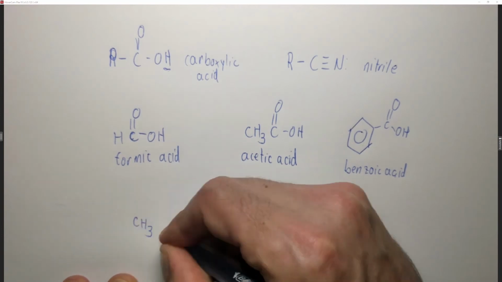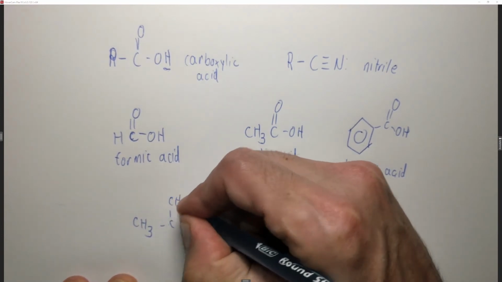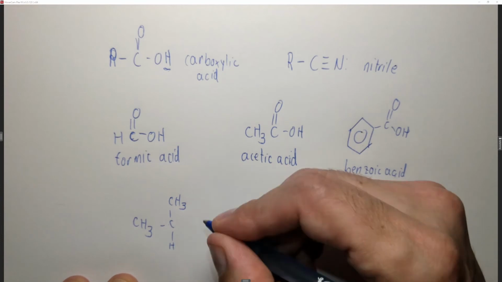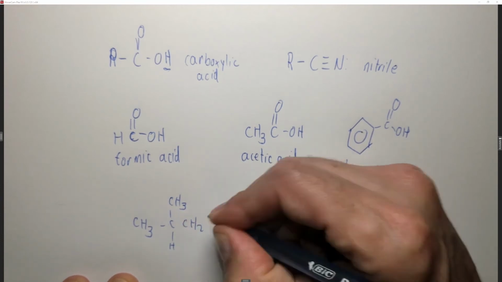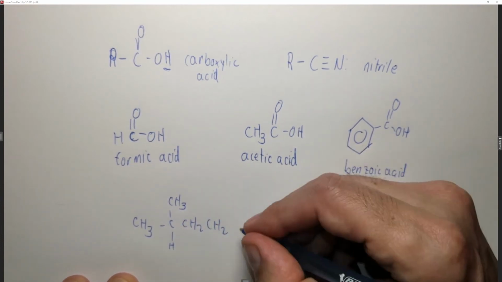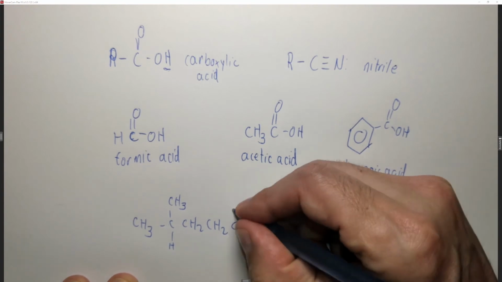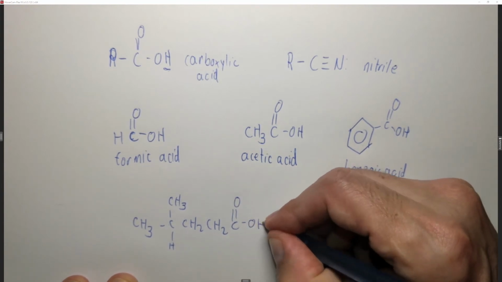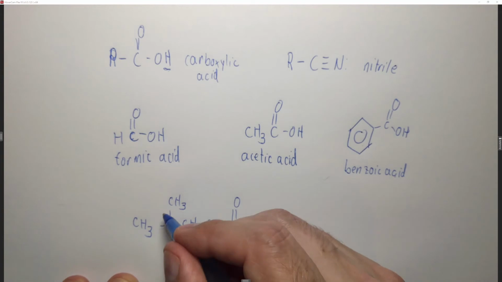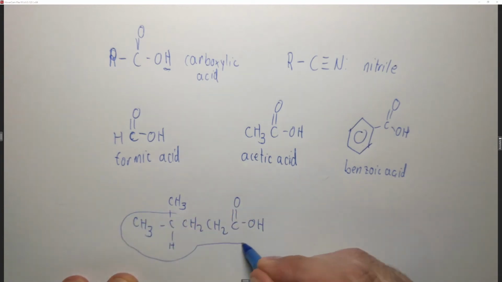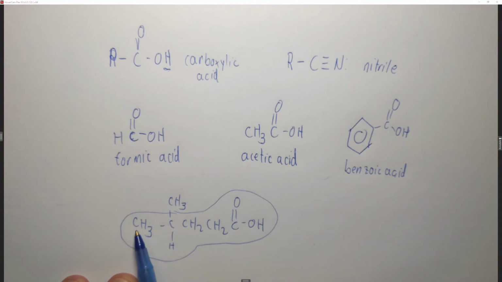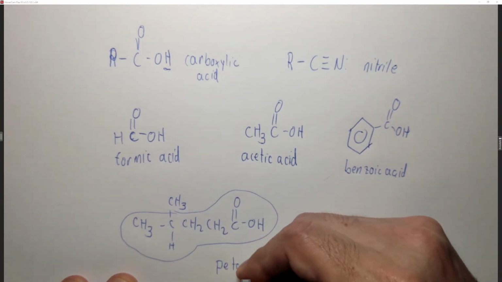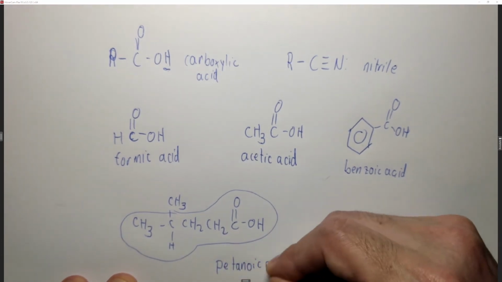If we have a CH3, bond C, bond CH3, bond H, bond CH2, CH2, C double bond O, bond OH. So here we want the longest carbon chain containing the carboxylic acid. So we have 1, 2, 3, 4, 5 carbons. The base name of this is pentanoic acid.